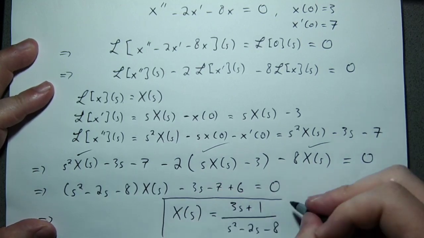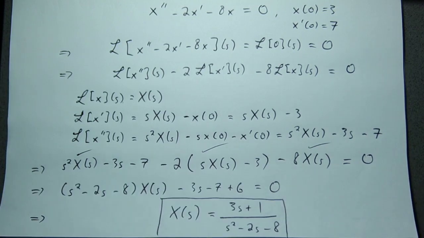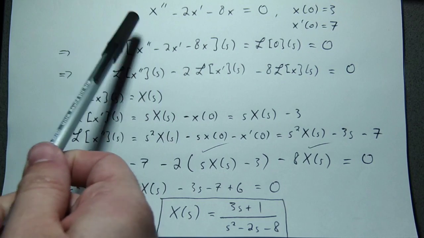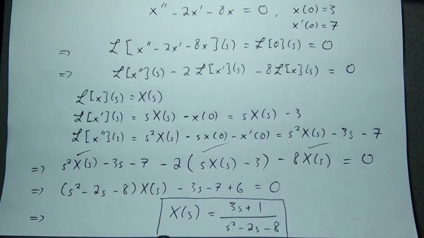And that was all that I was asked to find. So what do I say here when I'm done with this part? I say, well, the Laplace transform of my solution to this IVP is X of s is 3s plus 1 divided by s squared minus 2s minus 8.